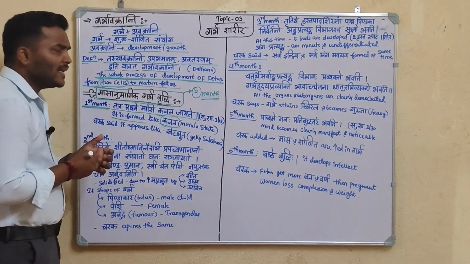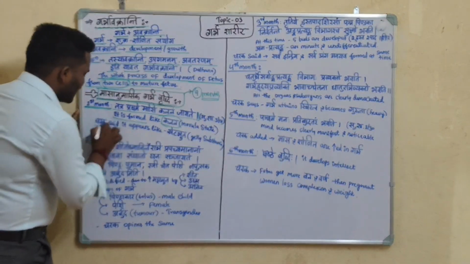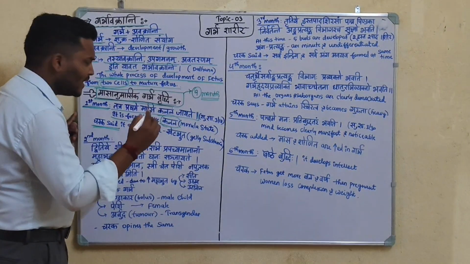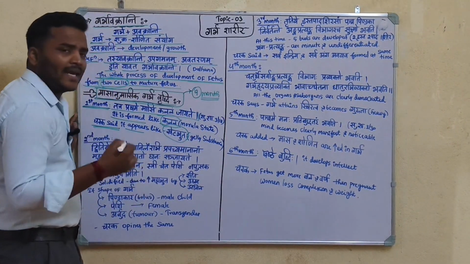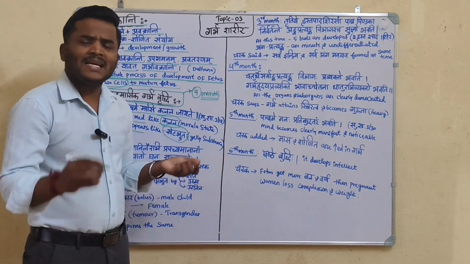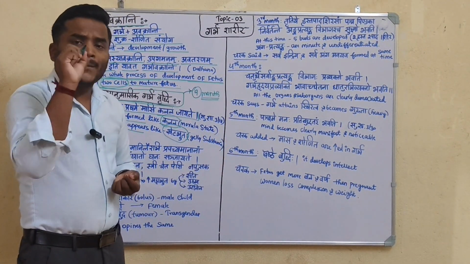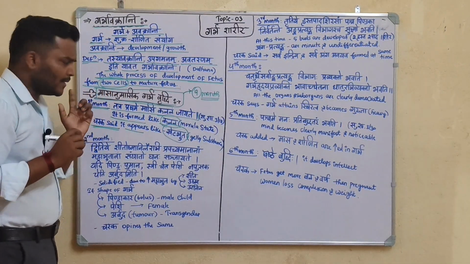That is the development in the first month. Charaka said that it appears like Kheta Bhuta, which means a jelly substance. It appears like a jelly substance in the first month.